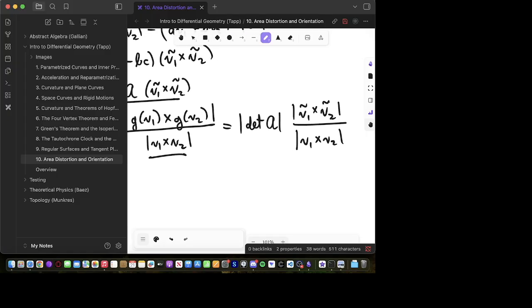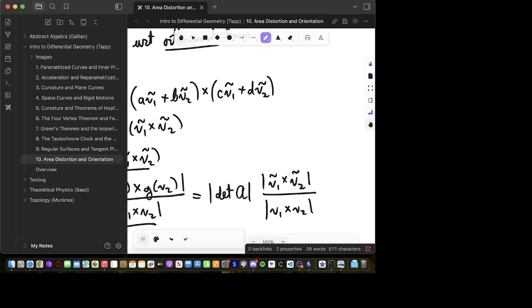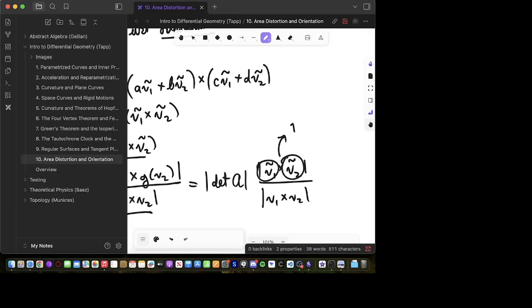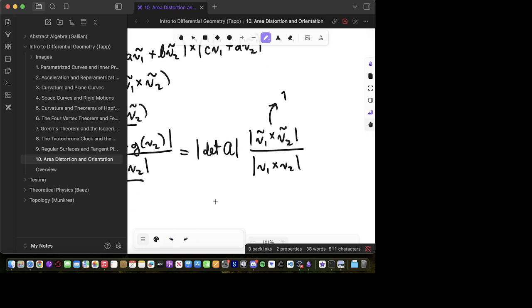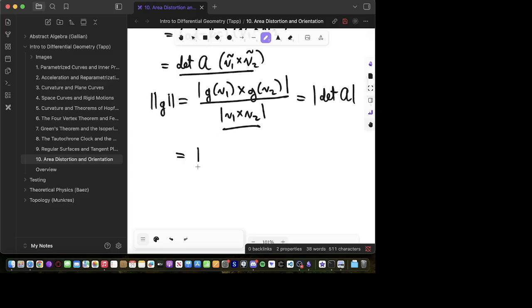And note that since these are orthonormal, the cross product of these two should be a vector of length 1, because this has length 1 and this has length 1, and they're orthogonal. Same thing with this. And therefore, we have proven the proposition.